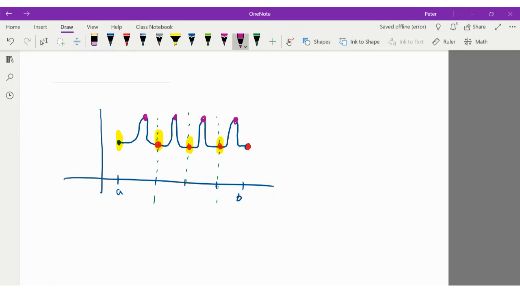Truth is, you can't really say which of these is the most accurate without some understanding of what the function is.